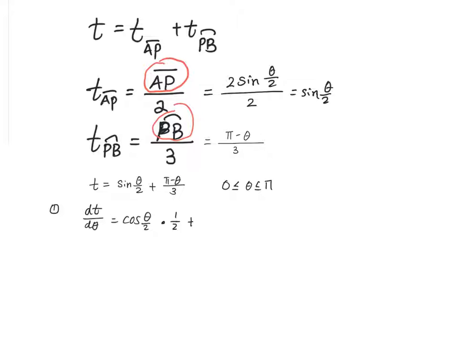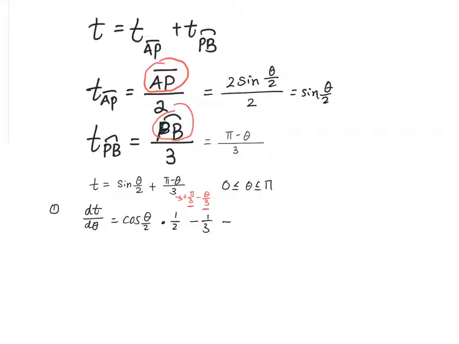The derivative of pi over 3 is just 0 because it's a constant. And the derivative of negative theta over 3 is actually minus 1/3. Okay, that's the explanation.